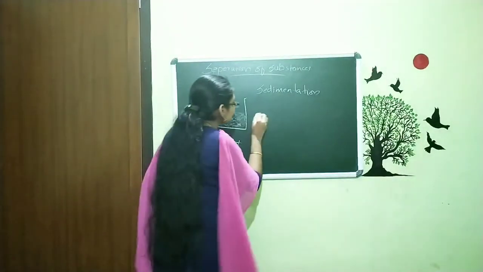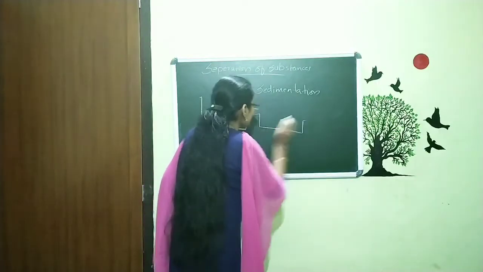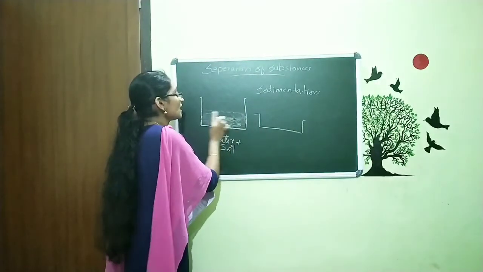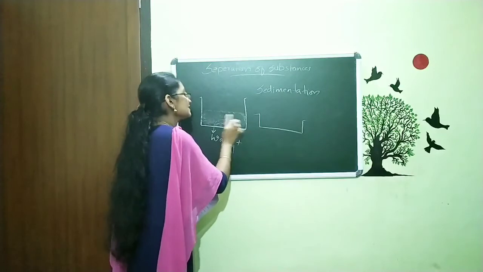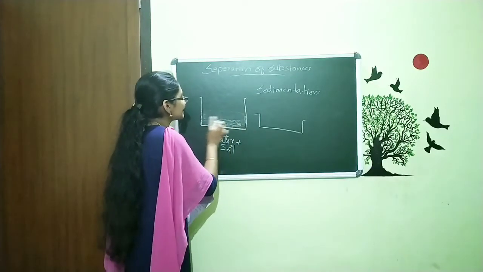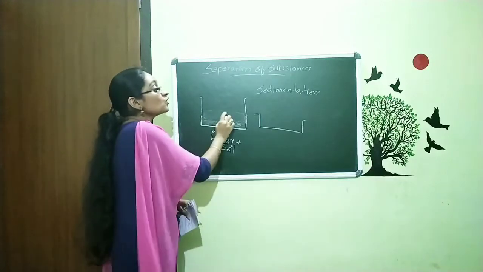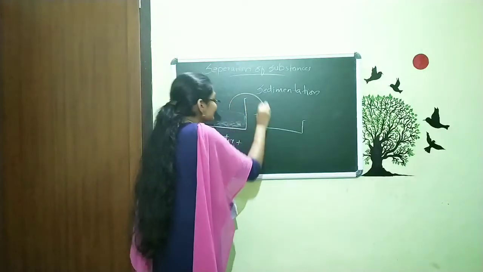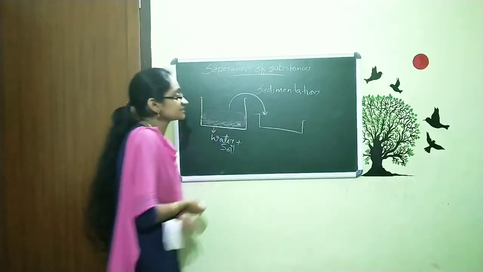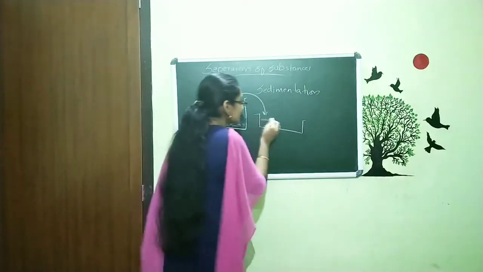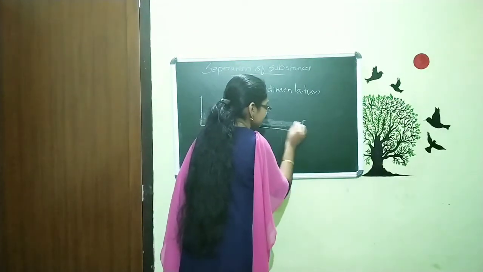So I am taking another beaker and collecting this dull water. That means some of the soil has settled down in the first beaker. Now I am pouring this water to another beaker, and still this water has a dull color.